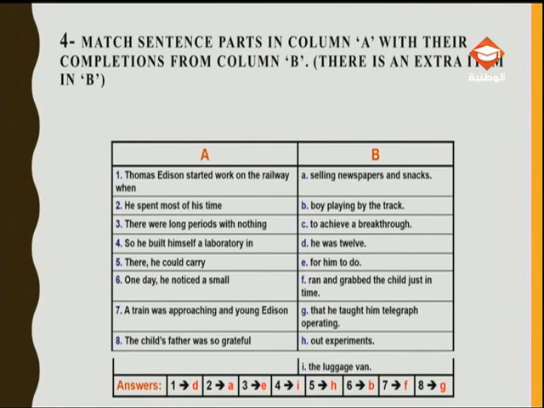So he built himself a laboratory in... could be a date. In could be followed by a place. So do I have a date? No. However, I have the luggage van. So he built himself a lab in the luggage van. There refers to the luggage van where he built his lab.